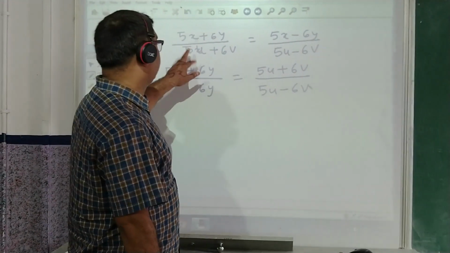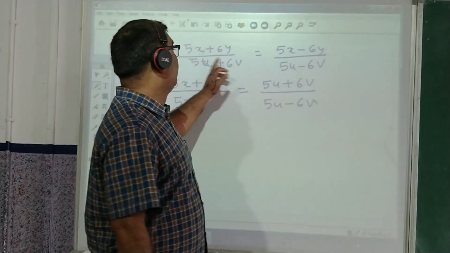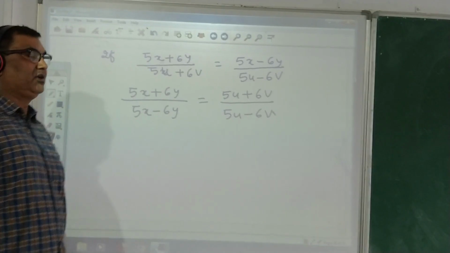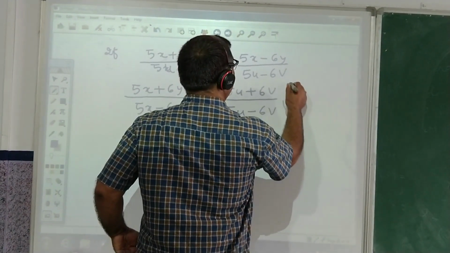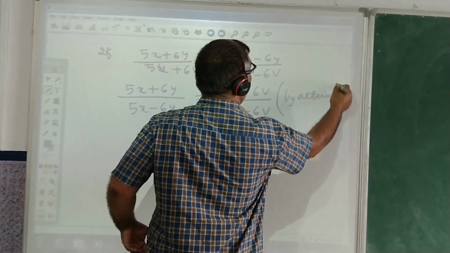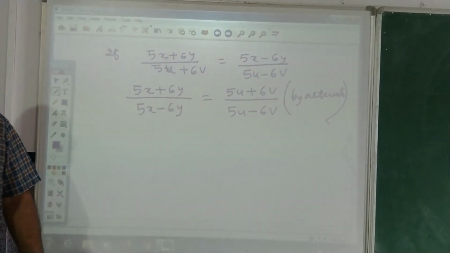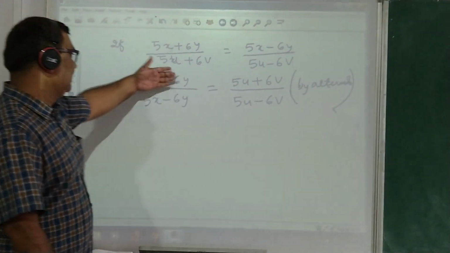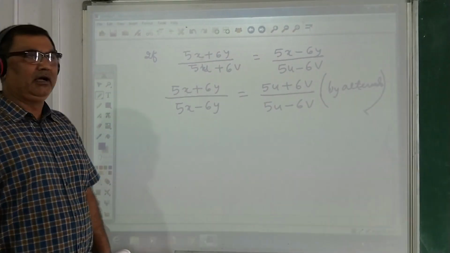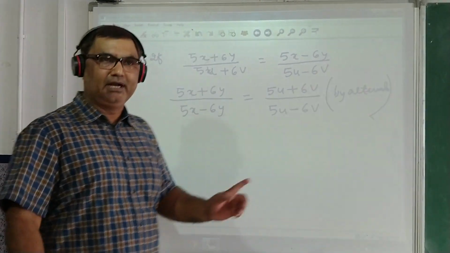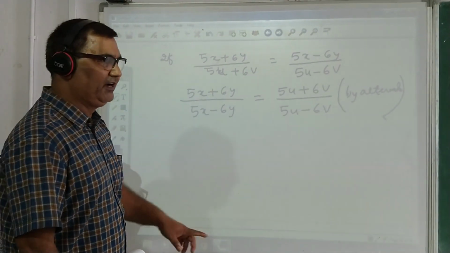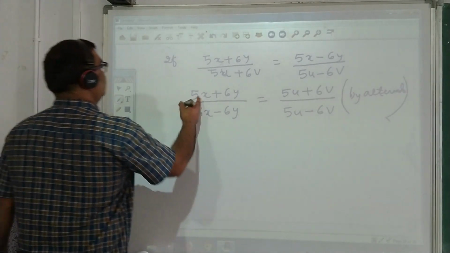What I have done is I have moved this 5u plus 6v here and 5x minus 6y here. So using alternando, I have written this. Now I am going to use other properties, that is componendo and dividendo. My dear, be careful, componendo and dividendo, both I will use.